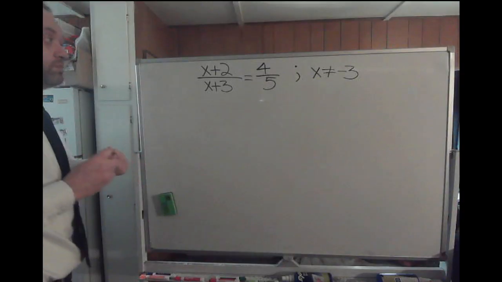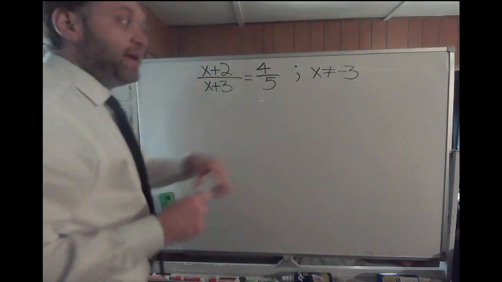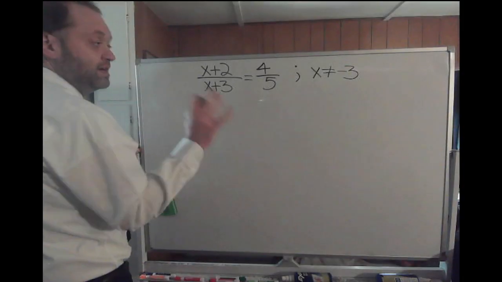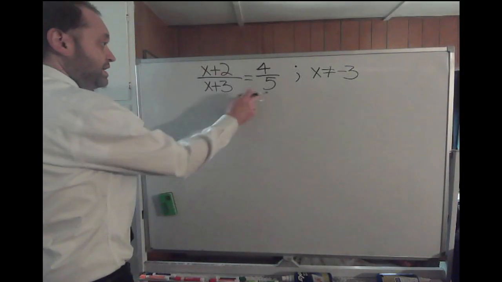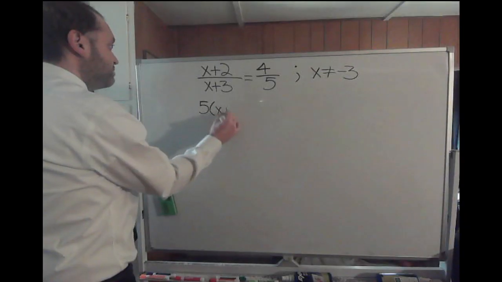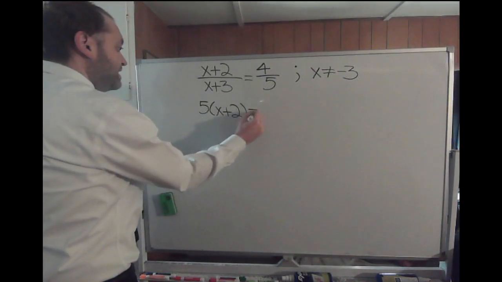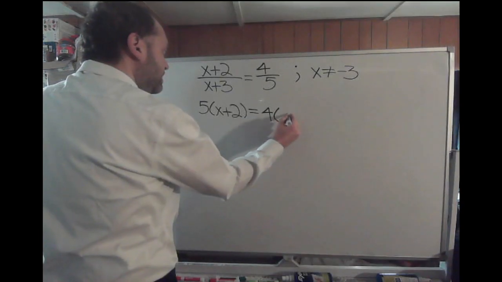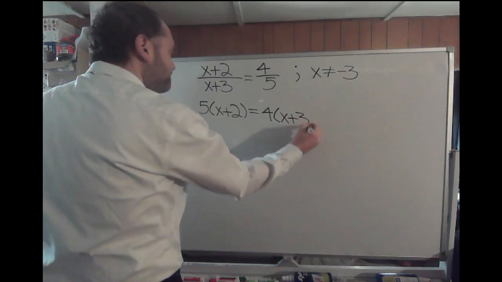If we get a solution of x equaling negative 3, we have to throw it out, because it would make it undefined. But nevertheless, take the product of the means, which would be 5 times the quantity of x plus 2, set that equal to the product of your extremes, which would be 4 times the quantity of x plus 3.